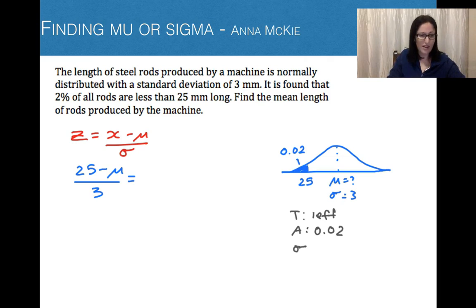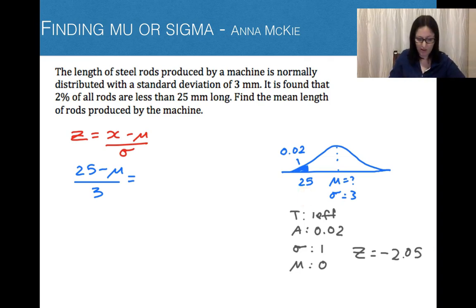We've got a standard deviation of 1 and a mean of 0. So if you plug that in, see what score you get. You get what will end up being a Z-score of negative 2.05. So that means 25 is 2.05 standard deviations to the left of the mean.